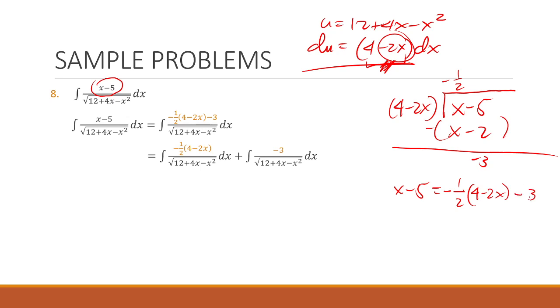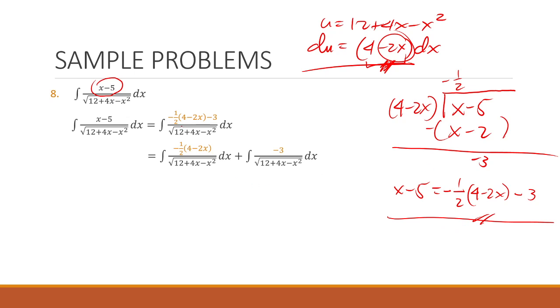Alright, so if we simplify itong negative 1/2 times 4 minus 2x minus 3, this will give us x minus 5. Okay, so x minus 5 is equivalent to this expression. Okay, so same lang, the same as what we obtained earlier using yung long method, kumbaga.